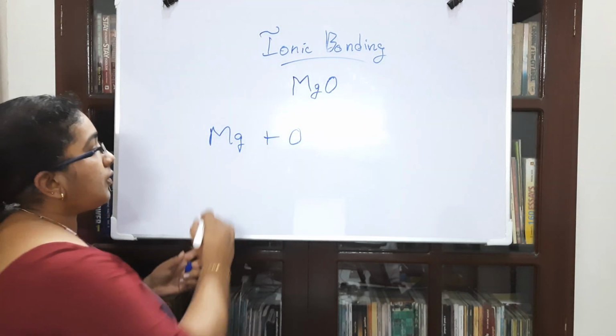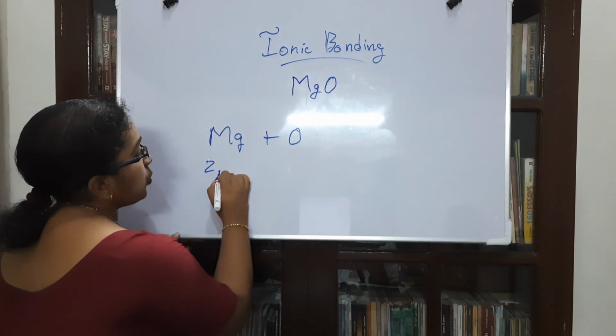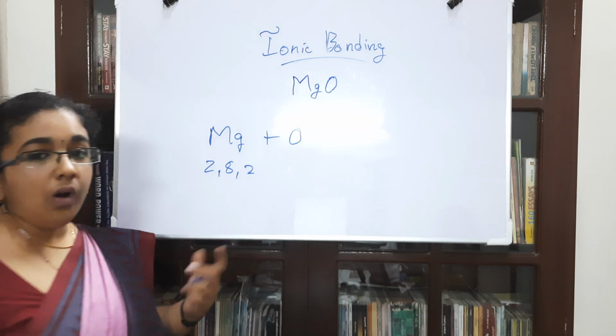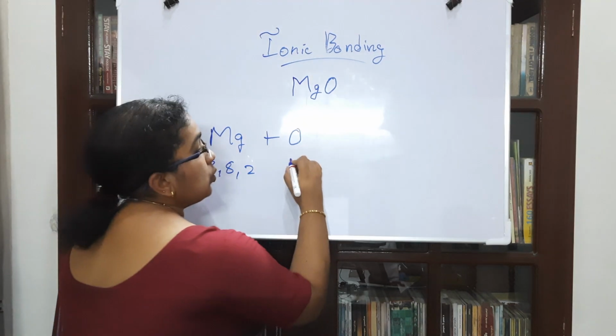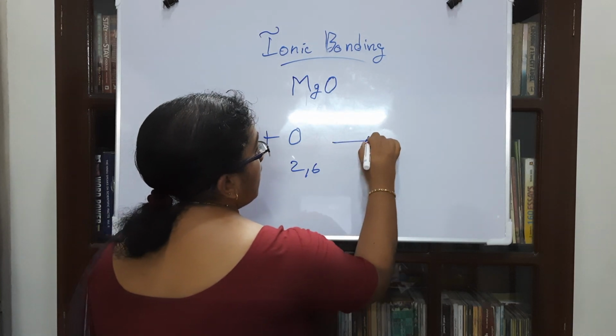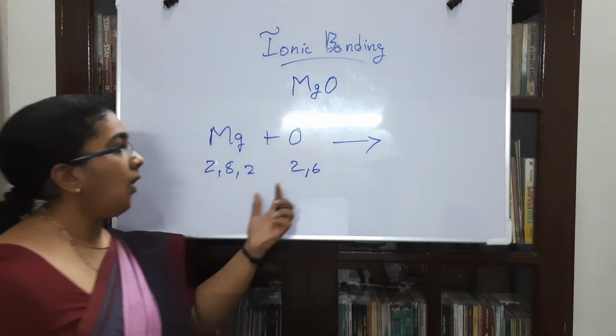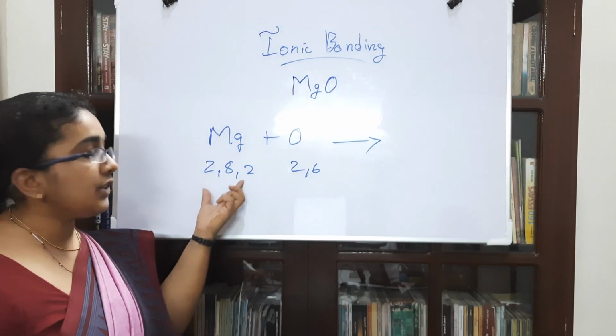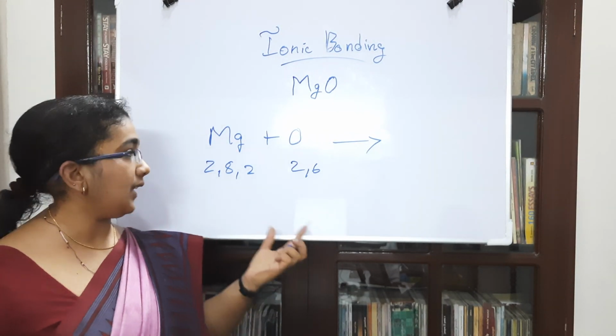The electronic configuration of magnesium is 2, 8, 2, and for oxygen it is 2, 6. So we know oxygen is not stable, and magnesium has an excess of 2 electrons.